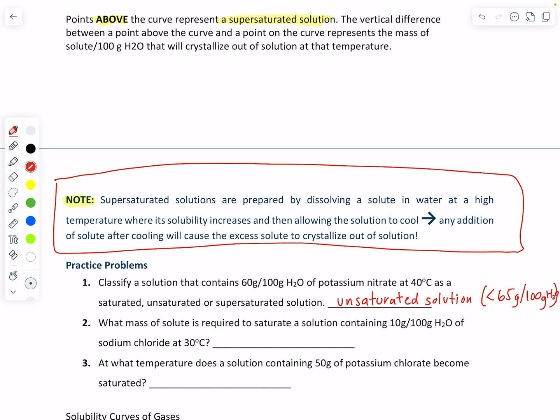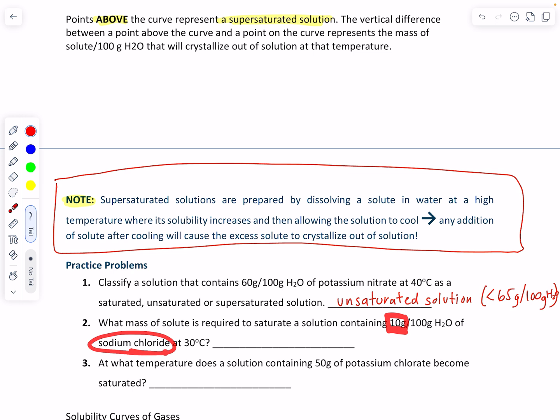Question number 2. What mass of solute is required to saturate a solution containing 10 grams per 100 grams of water of sodium chloride at 30 degrees Celsius? So the solution already contains 10 grams, we need to know how much more we have to add at 30 degrees of sodium chloride in order to make it saturated.